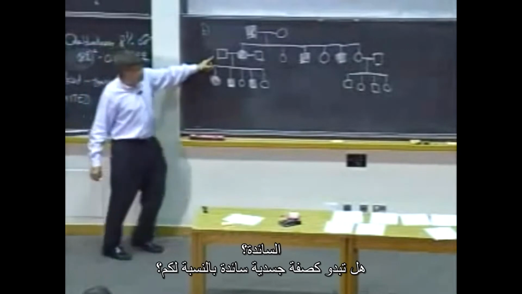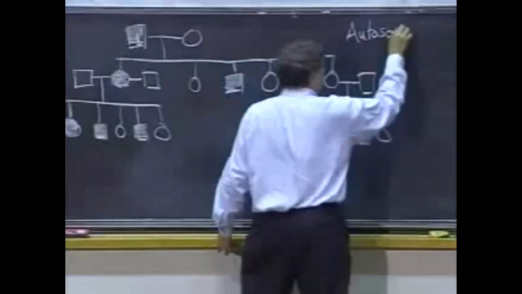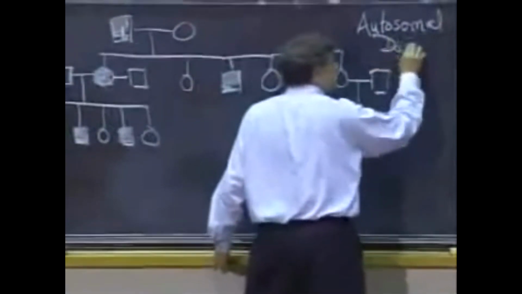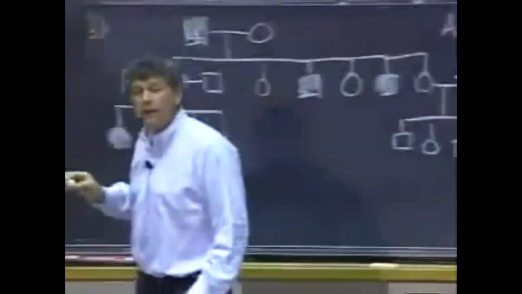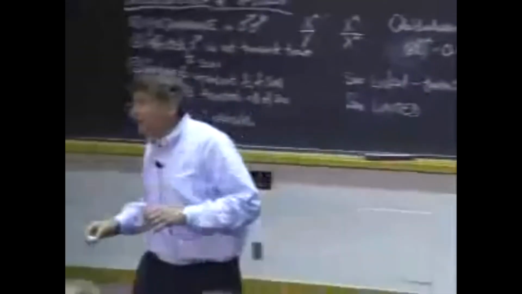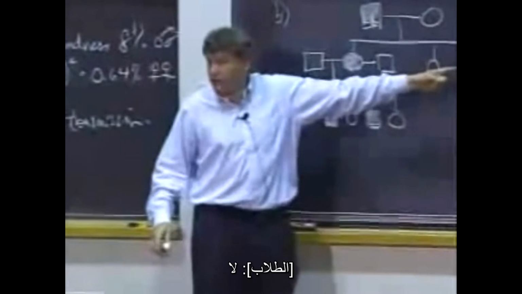Dominant? Does this look like autosomal dominant to you? Not all the kids have that trait. Oh, not all the kids have the trait in the first generation. And if this was dominant, they'd all have it?